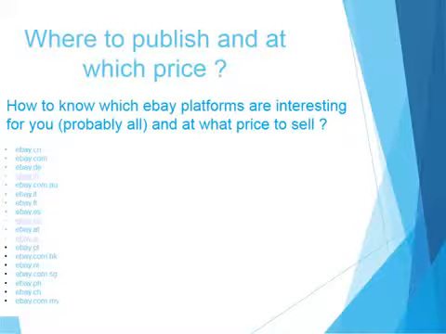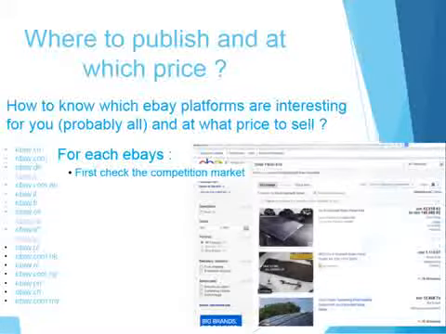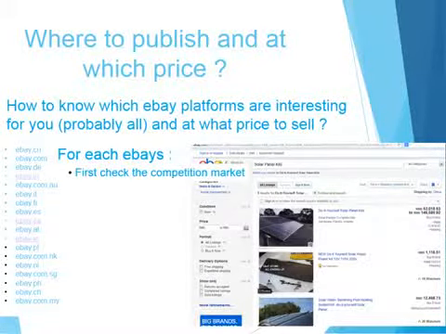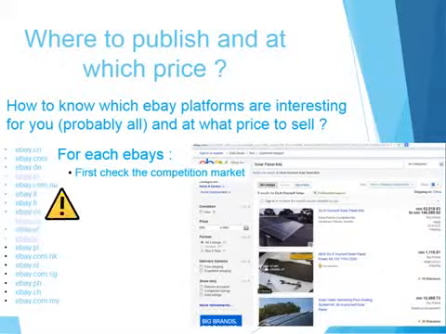So to identify the best price, first you have to do it for each eBay platform: ebay.cn, ebay.com, ebay.de. For each platform, you have to first check the competitors. So you just type the product on the eBay of this platform.